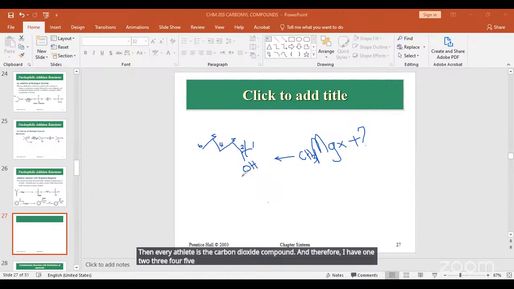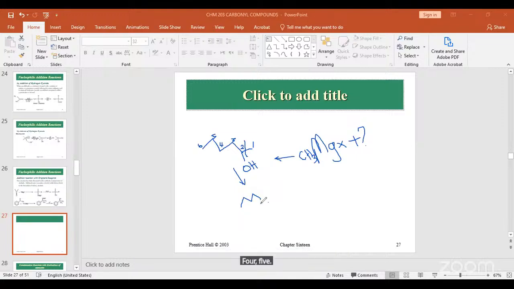The carbonyl compound is going to be 1, 2, 3, 4, 5, and here I have hydrogen. And the answer is pentanal.